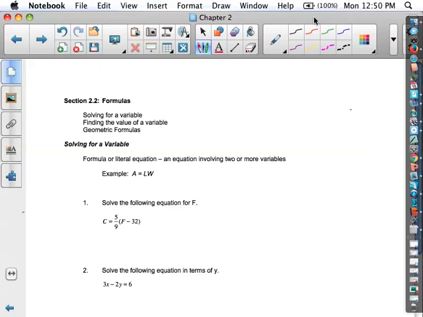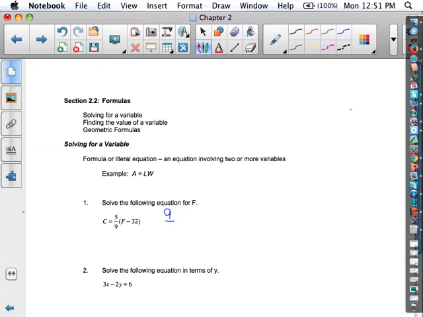So in the first equation, you are asked to solve for f. So we have c is equal to 5/9 times f minus 32. There are actually a couple ways you could go about this. You could, if you wanted to, distribute that 5/9 to the f and to the negative 32, but I think that gets a little complicated, so I'm going to choose to multiply both sides by 9/5.